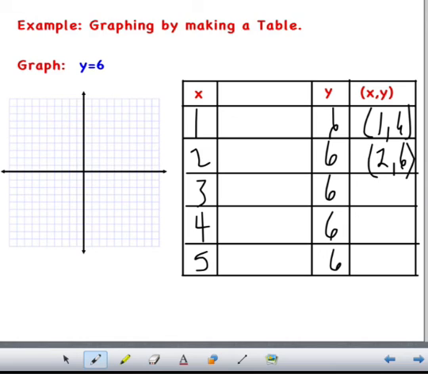Well, if x equal to something is a vertical line, y equal to something must be a horizontal line. So if I go (1, 6), (2, 6), and so on, I'm going to have that horizontal line. So that is graphing a line by making a table.